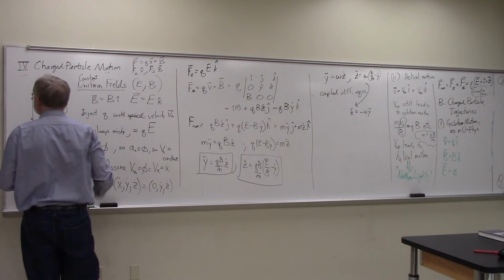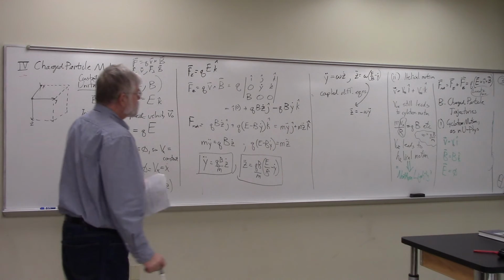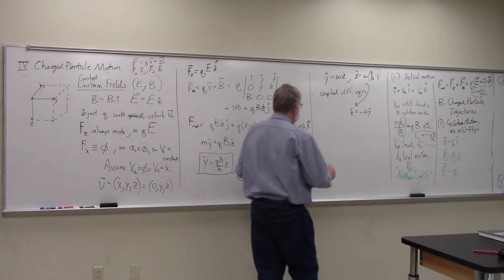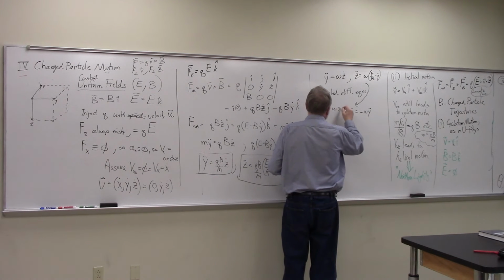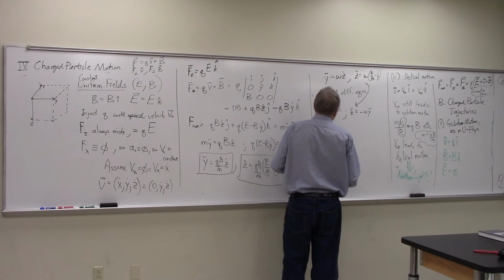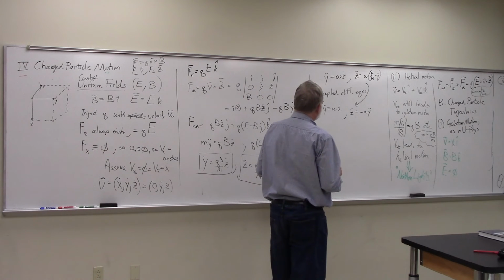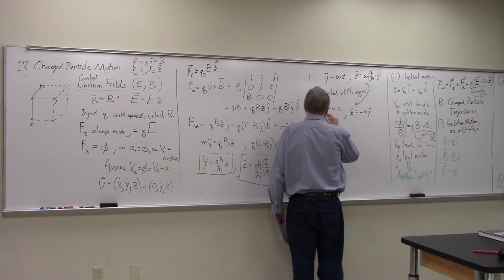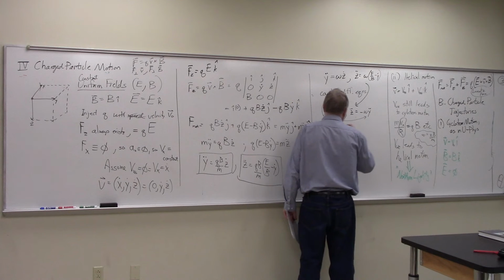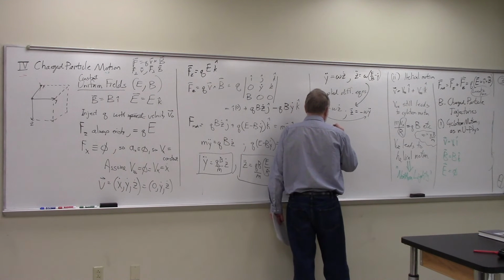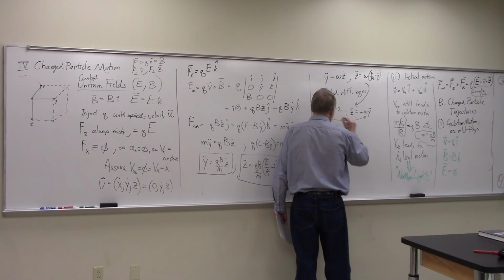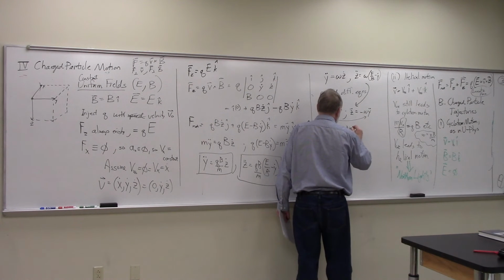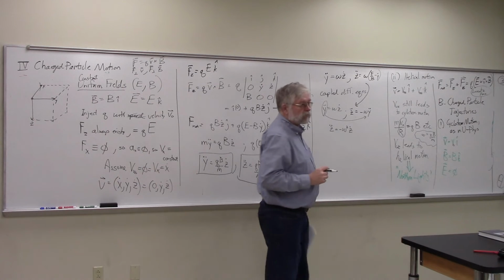Maybe uniform includes constant as a subset. I don't know. And now, notice I've got a y double dot in both places. So let's take that, put it right there, and I get that z triple dot equals minus omega times omega times z dot. And I've uncoupled the equations.